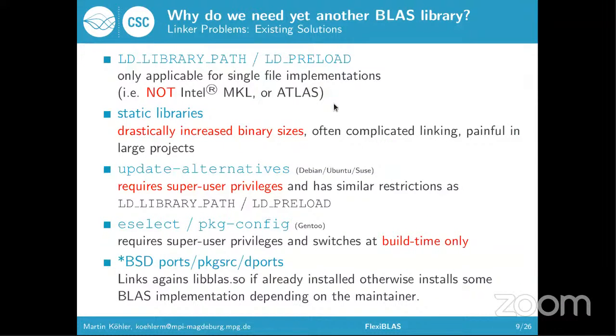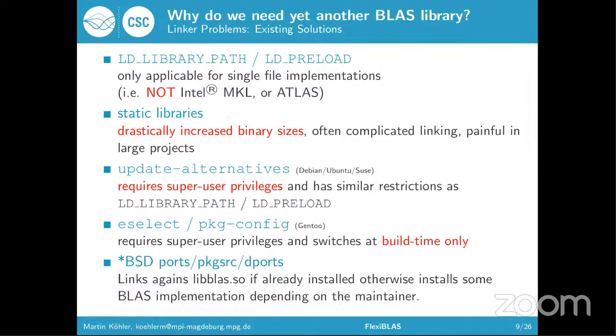Then we took a look around at what's on the market, what people are using for this problem. The first option was to move everything you need with LD_PRELOAD and LD_LIBRARY_PATH. But that was not possible with multi-file implementations like the MKL or the early Atlas versions.